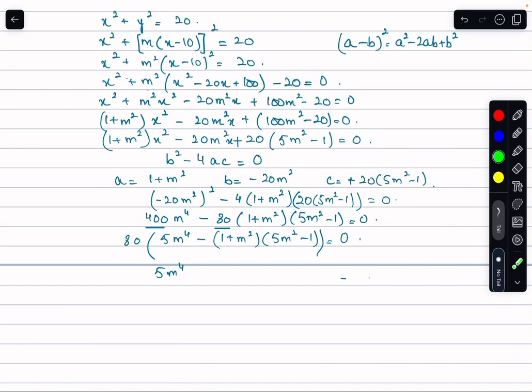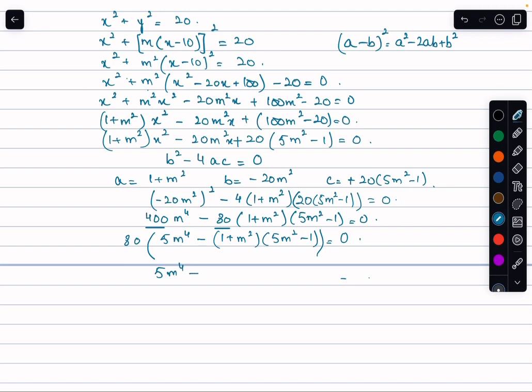Negative 4 times 20 is minus 80, bracket 1 plus m square, bracket 5m square minus 1 equals 0. I'm taking 80 common. So with that, I'm left with the equation 5m to the power 4 minus (1 plus m square) times (5m square minus 1). This shall be equal to 0 then.